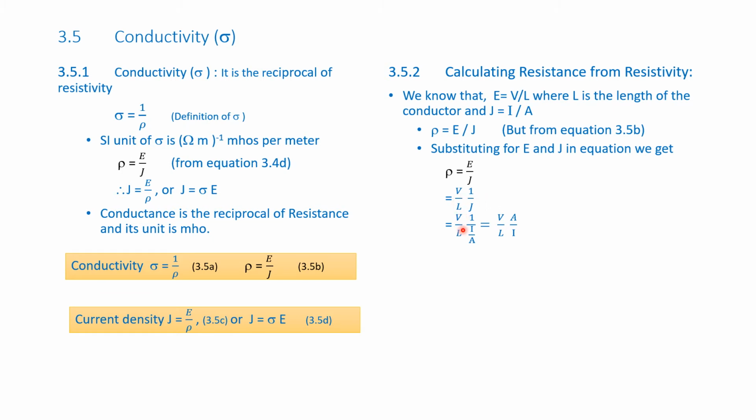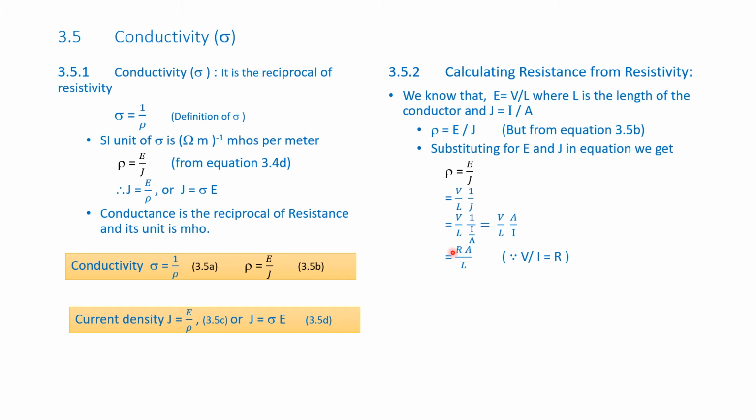Hence V by L into 1 over J is nothing but I by A. In the denominator we are writing I by A, that we are simplifying, V by L into A by I. So rho, the final equation, is rho equals V by L into A by I. But V by I is equal to R. So please write V by I as R, with A and L written as they are.